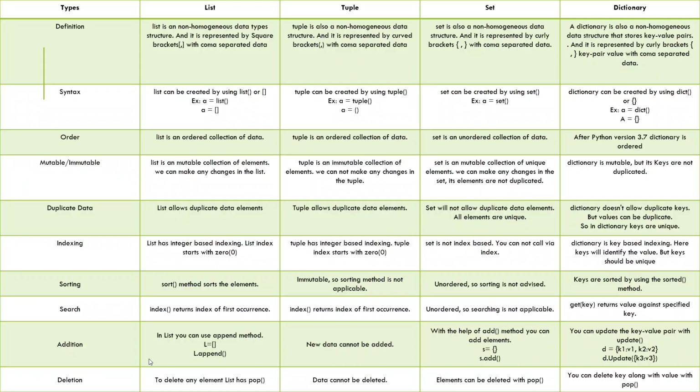But a set is not index based. Why? Because a set is an unordered collection of data, so you cannot predict the position or order of the elements in the data. So that's the reason a set is not index based, you cannot call via index. And a dictionary is key based indexing, you can call the keys. The keys will identify the value, but keys should be unique in the dictionary.